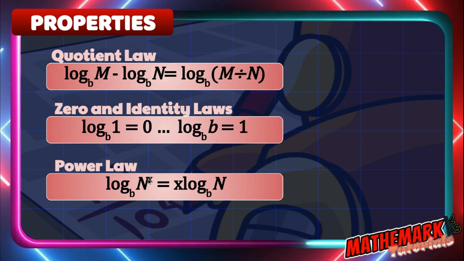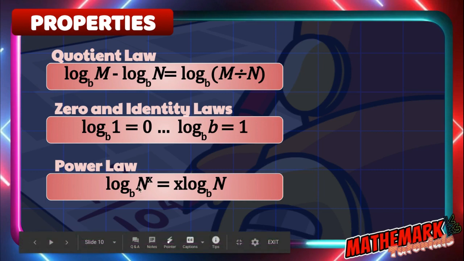For the power law, if the number here is raised to the exponent here, the little exponent of this number becomes the coefficient on the other side, and vice versa.